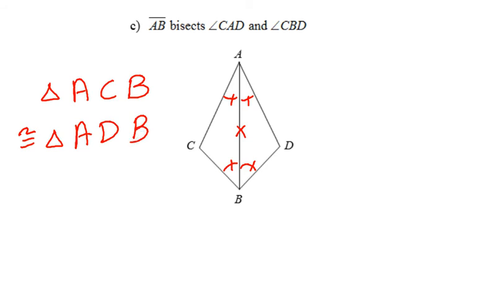And let me go back and see why that's true. We're given angle, side, angle, matching angle, side, angle. So this would be the ASA triangle congruence criterion that explains why they have to be congruent.